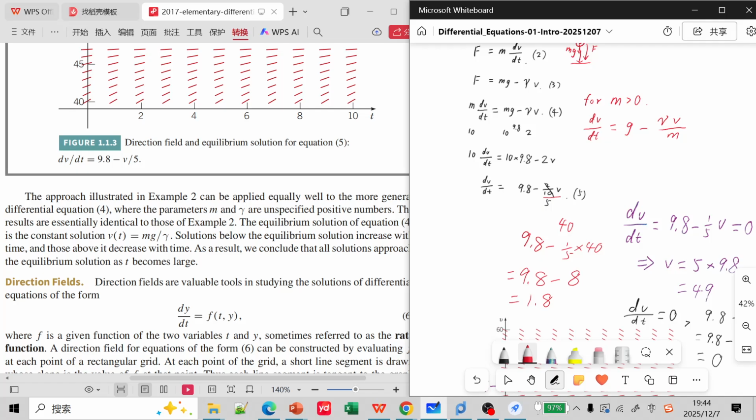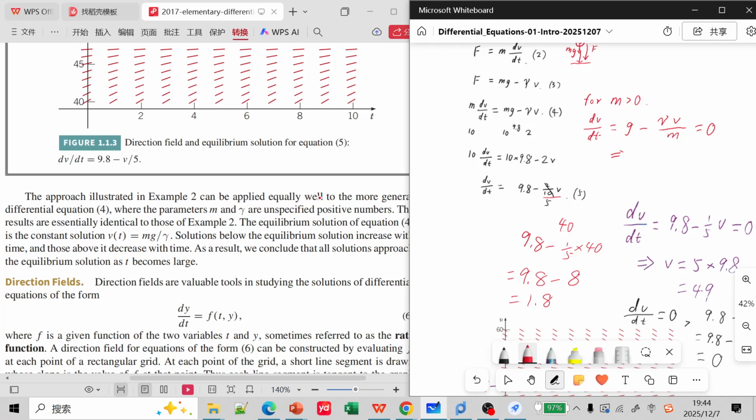And then at this moment, we let dv over dt be equal to 0.